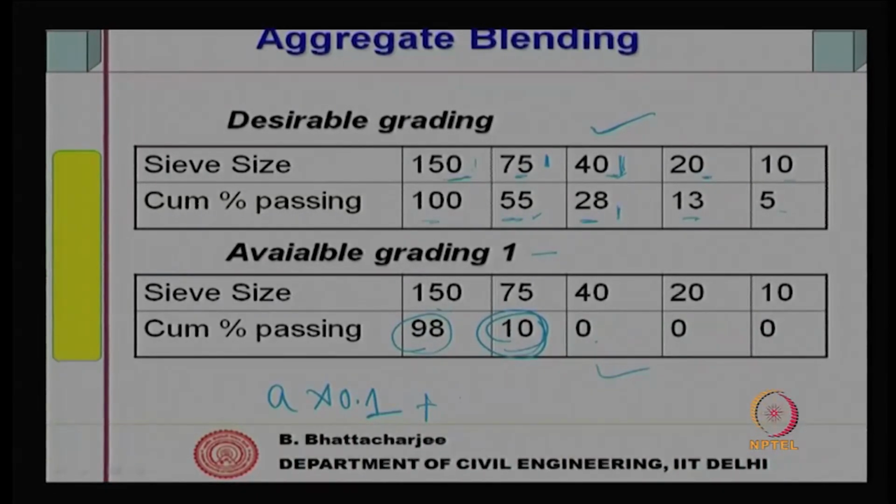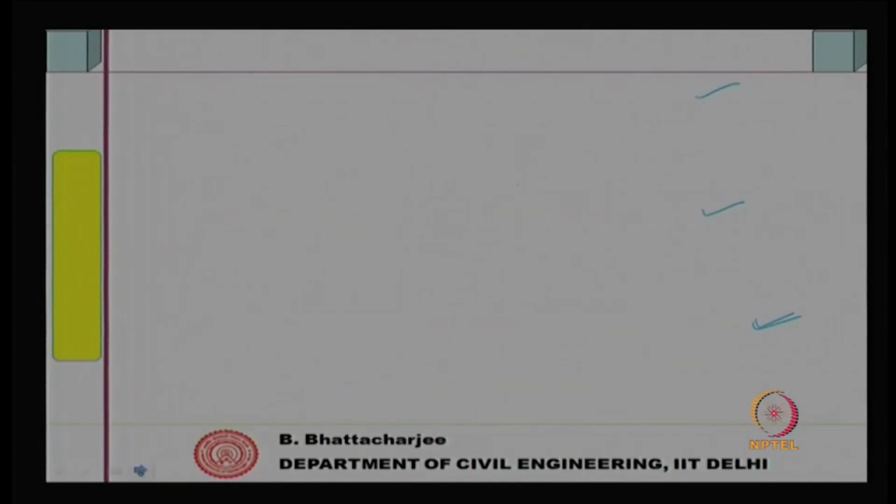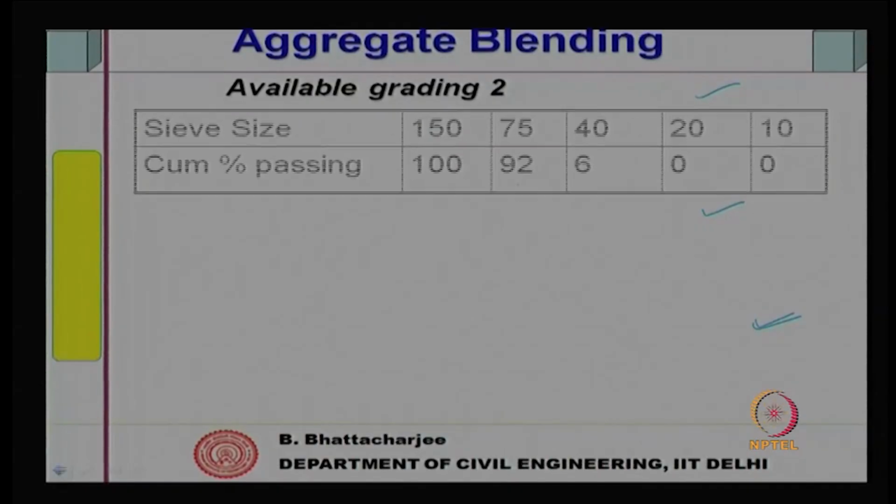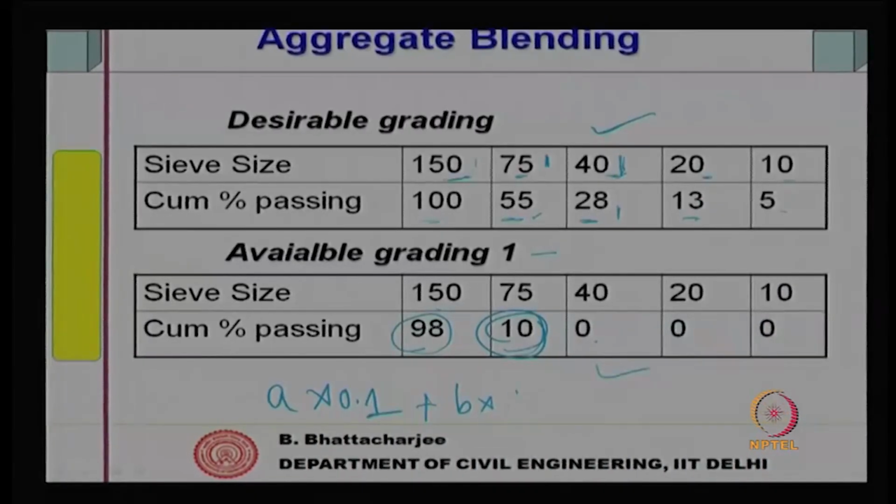Similarly, if B is the amount of aggregate I take from available grading 2, this is multiplied by the corresponding value, that is 0.92.